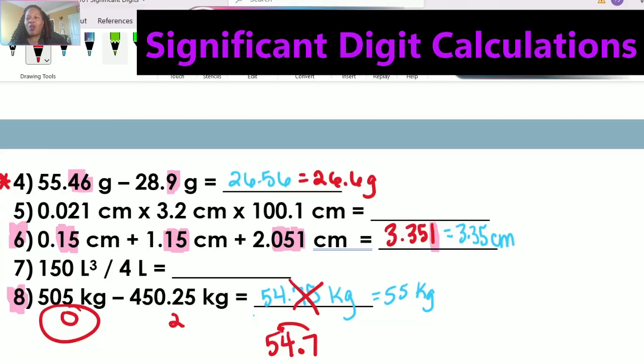Let's see here, y'all. Let's look at number 5 and number 7. Run it up to 5,000 and I will reveal the answers.